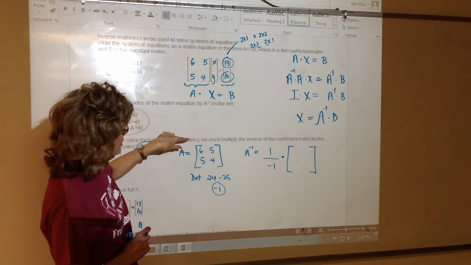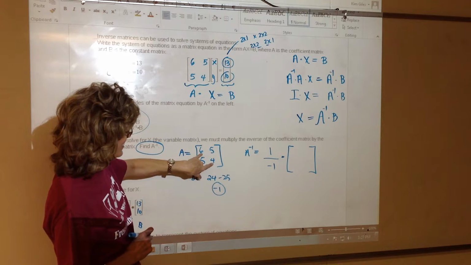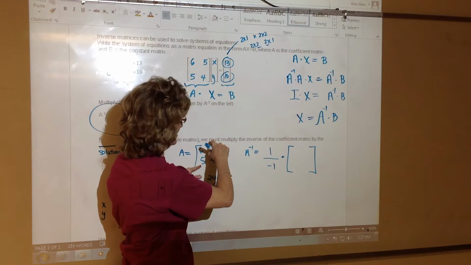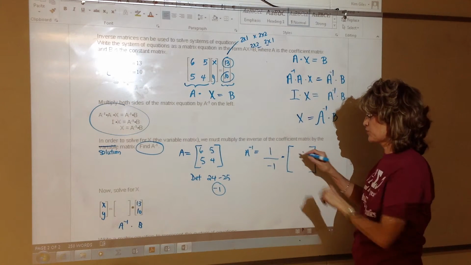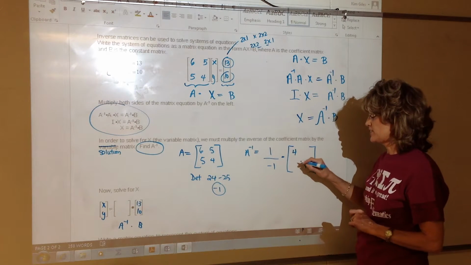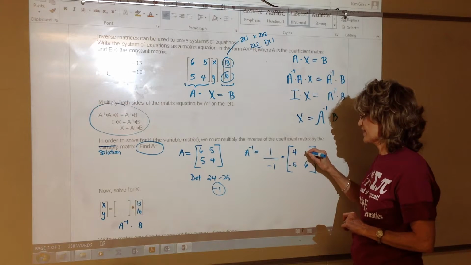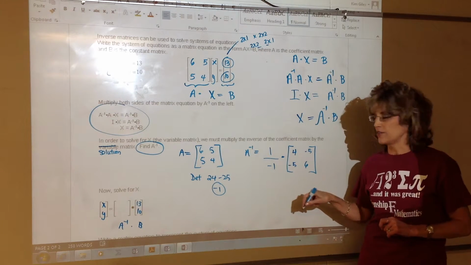Y'all still there? I'm sorry. You need to flip 6 and 4. Okay. And then make both 5s negative 5s. There you go. Along the first diagonal, trade places, so not 6, 4, instead 4, 6. And along the other diagonal, change signs, so these both become negative 5. 1 over negative 1 is really just negative 1, right?